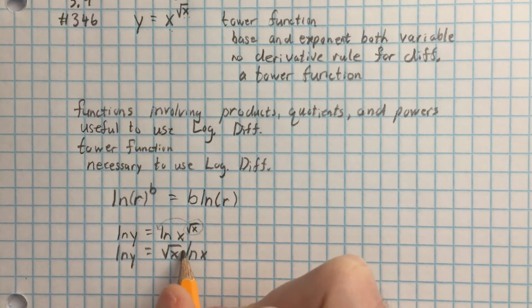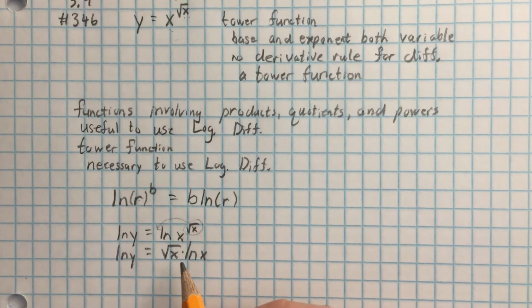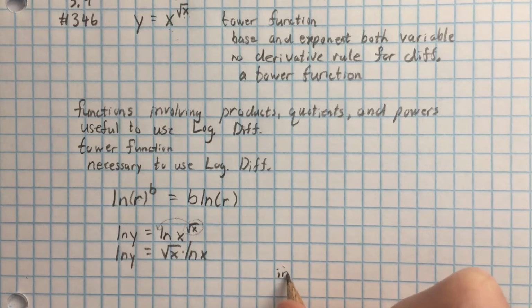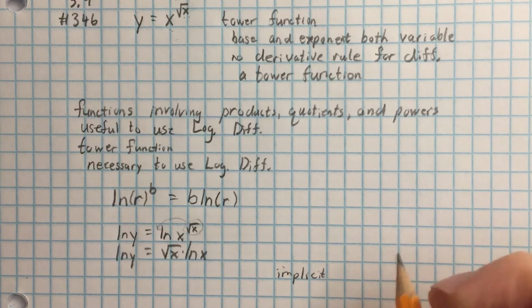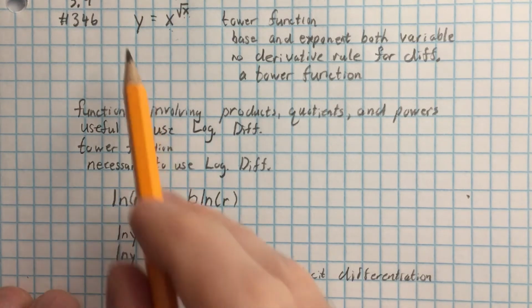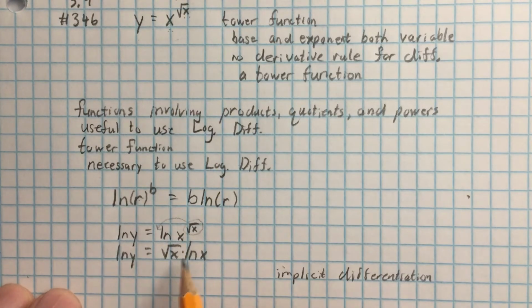So with the use of the logarithm, I've been able to change this tower function into a product function, which we have regular derivative rules for. So we should be able to find the derivative now. But it involves a little bit of implicit differentiation. Because we know that y is a function of x, we have it explicitly here, but down here now it's implicit how y is a function of x.